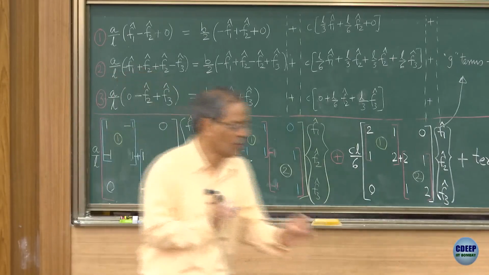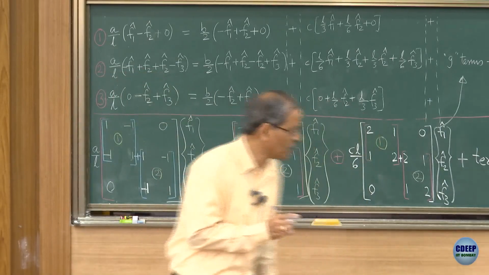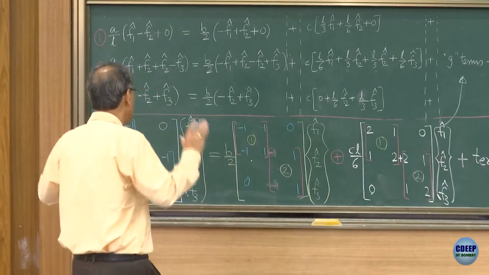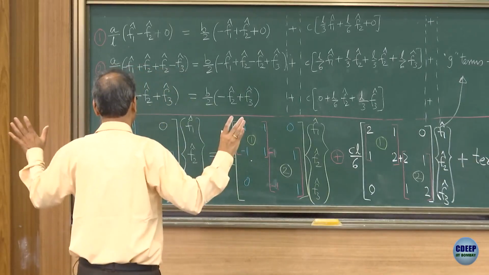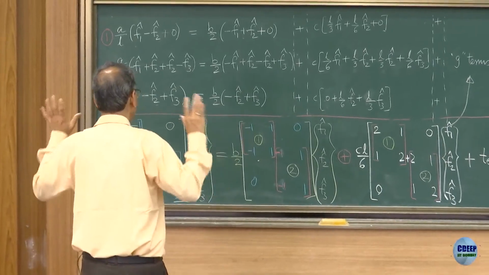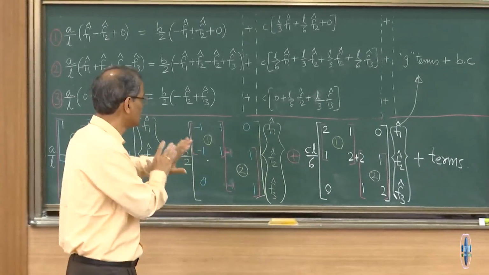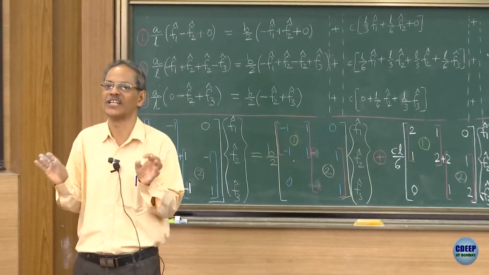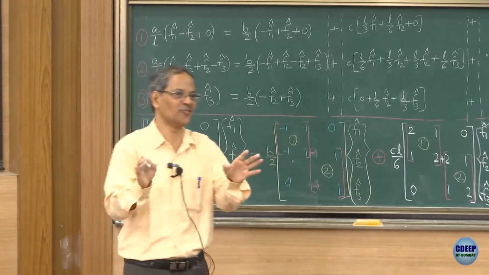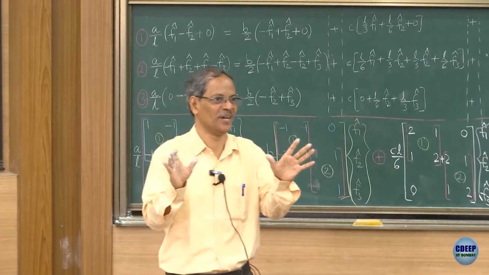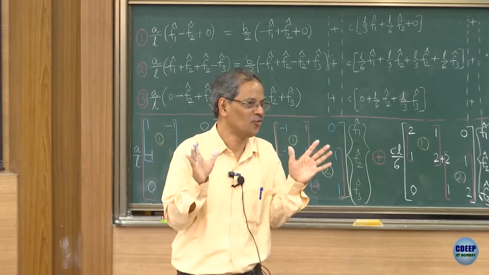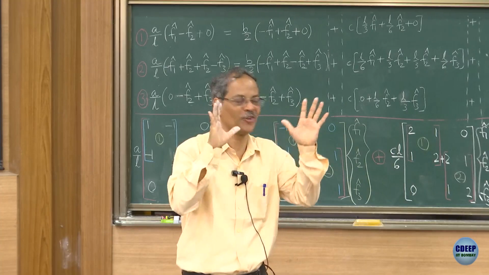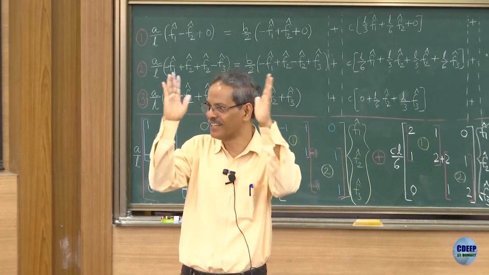But just one more point I want you to keep in mind before we wind up. Imagine now, do a thought experiment. I have 100 elements, exactly the same calculations I will do, or let us say 99 elements, so that what will be the size of the matrix? 100 by 100. How will be the structure of that matrix looking like?